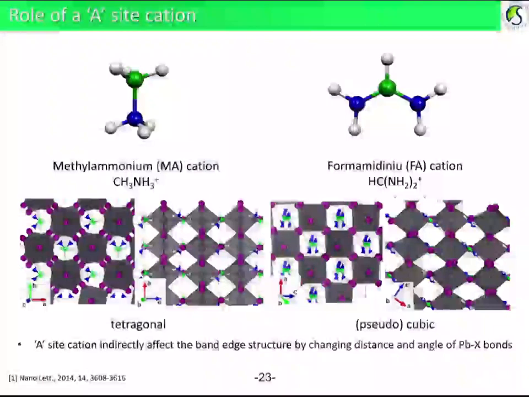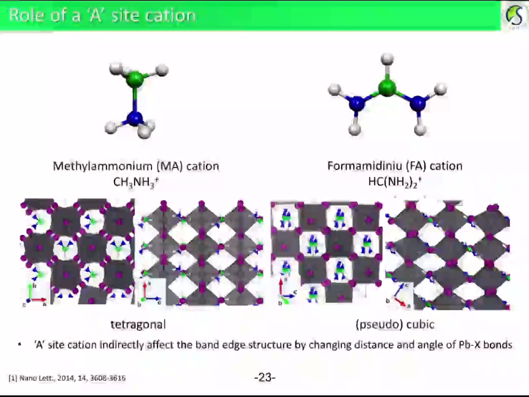And although the A site cation does not directly contribute to the band edge state, it indirectly contributes to the energy band state at the band edge by distorting the crystal structure.